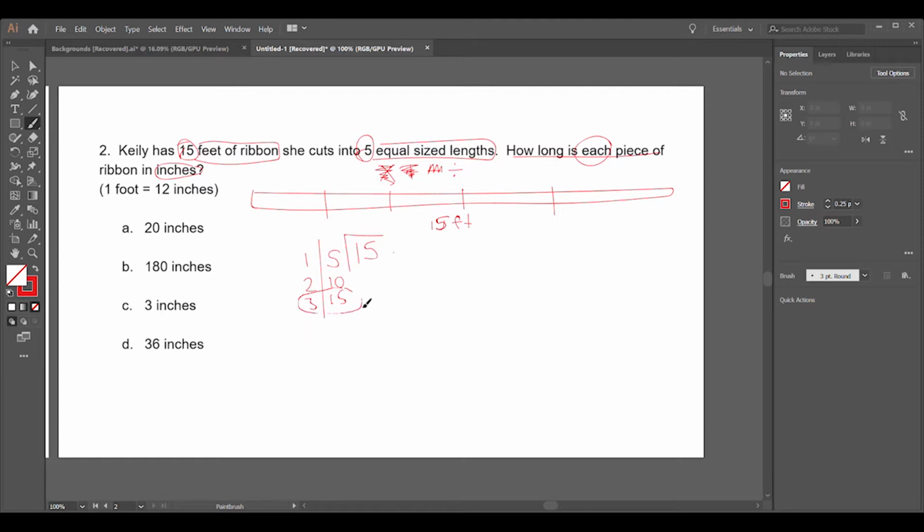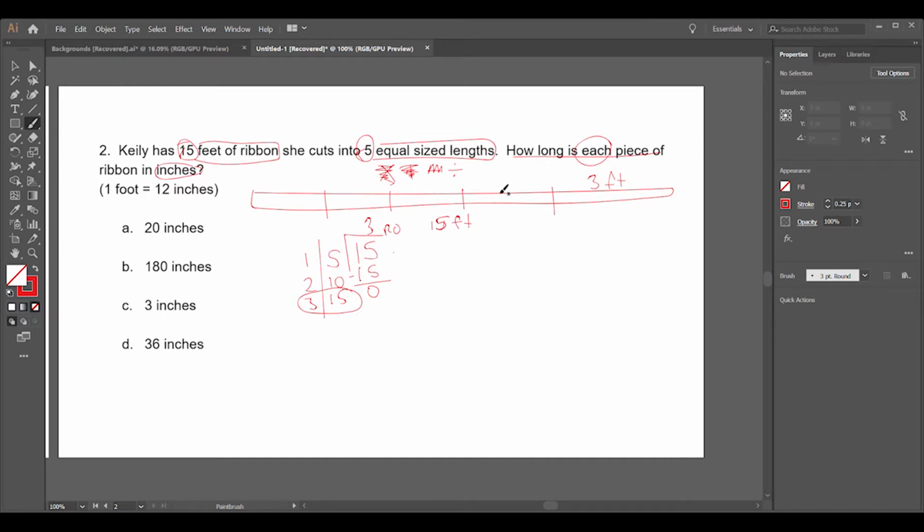This 3 goes to the top, right next to this digit, and my 15 goes at the bottom, and I subtract. 15 minus 15 is 0. Leaves me a remainder of 0. So I know that I don't have any more numbers to divide. So now I'm left knowing that each piece is 3 feet long.